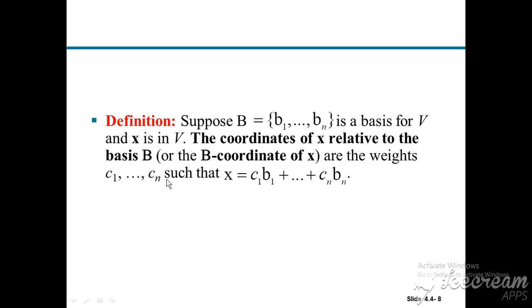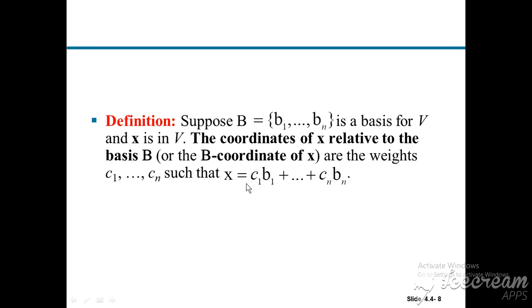These c1 dot dot dot cn are the scalars and b1 dot dot dot bn are the vectors. If we make the linear combination of this equal to x, then these c1 dot dot dot cn are known as the coordinates of x relative to the basis b.